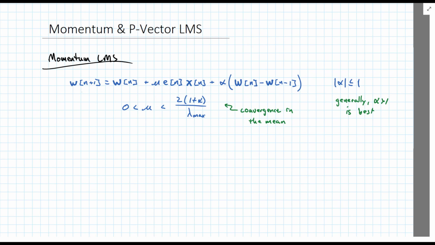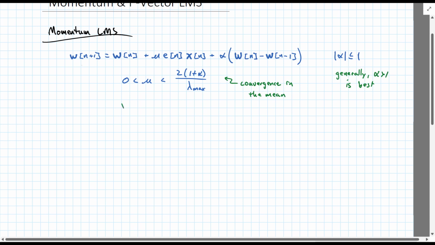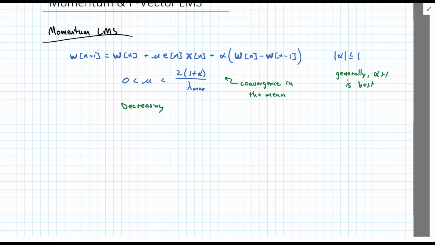And so if we decrease mu by a factor of 1 over, sorry, 1 over 1 plus alpha, it reduces misadjustment error.